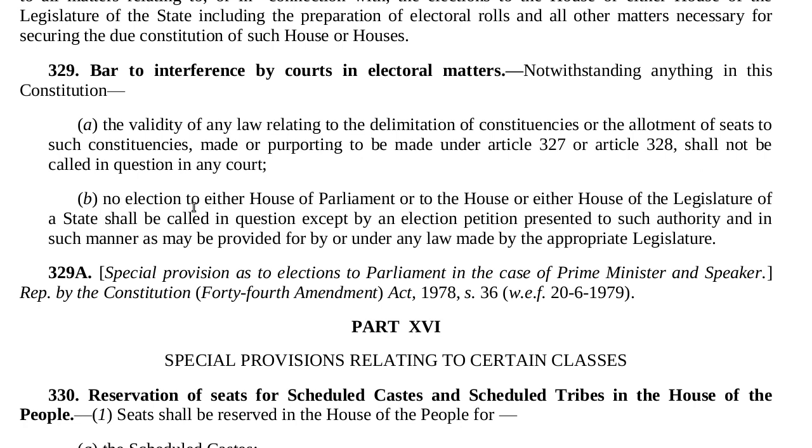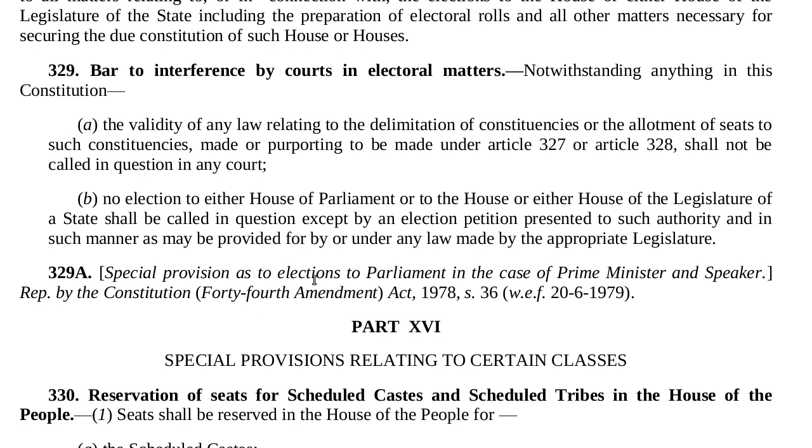(b) No election to either House of Parliament or House or either House of the Legislature of a state shall be called in question except by an election petition presented to such authority and in such manner as may be provided for by or under any law made by the appropriate legislature. Article 329A.